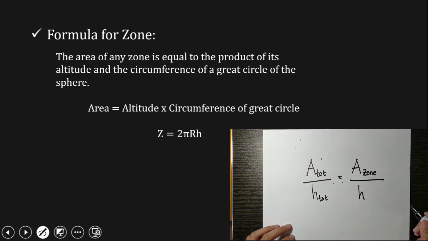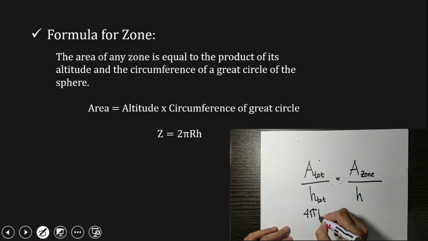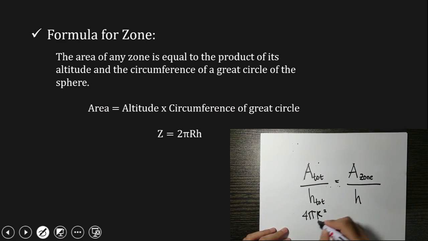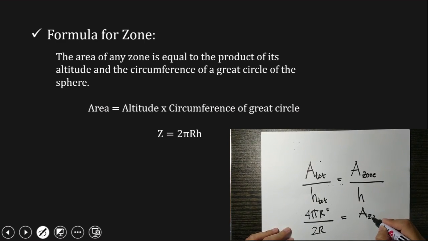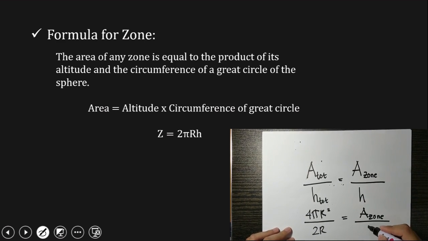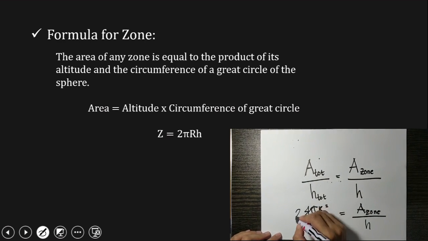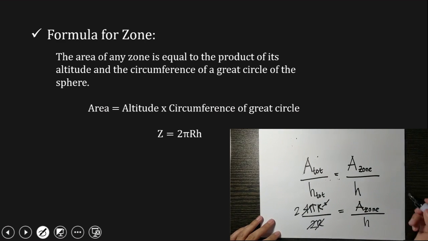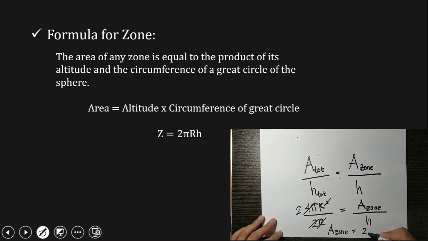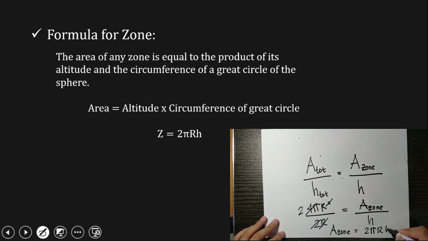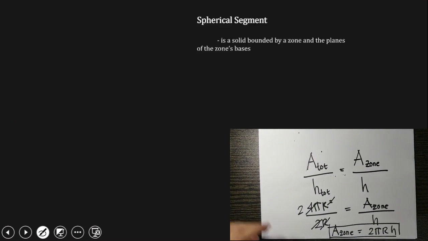Since the total area of the sphere is 4 pi r squared and the height is 2r, the area of the zone would be equal to 2 pi r h. This is how you get the formula of the zone using ratio and proportion.